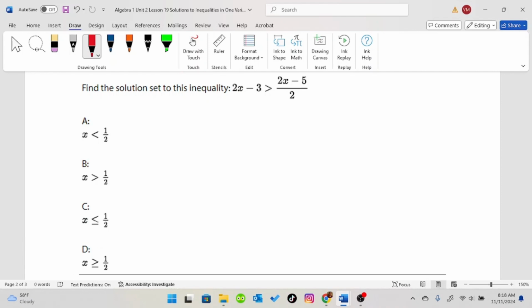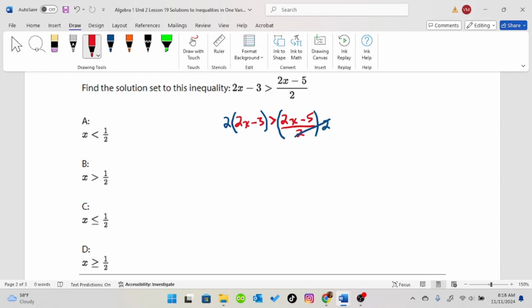So we take the original inequality, 2x minus 3 is greater than 2x minus 5 divided by 2. Again, I want to get rid of the fraction, and I do so by multiplying by the denominator. So I'm going to multiply both sides of this inequality by 2 to keep it equal and get rid of the fraction.